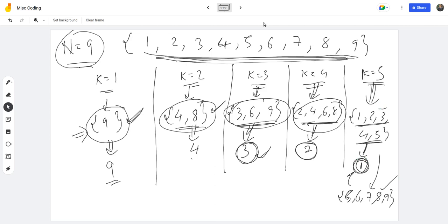So the whole idea of doing this entire exercise is this, right? Here you can observe a pattern by solving this test case for n equals 9 and k equals 1 to 5. There is this interesting pattern. For k equals 1, you need to just get the multiple of 9.